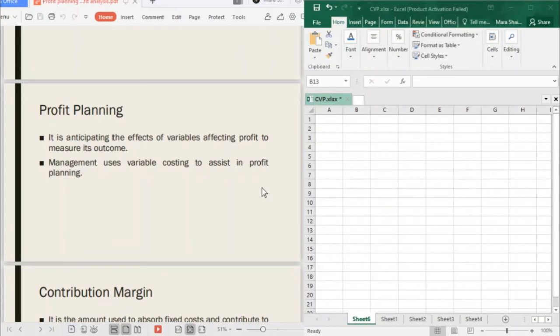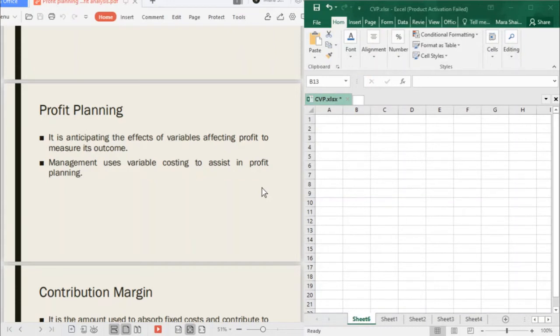Now, on the other hand, your total variable cost has a direct relationship with your production level or your level of sales. So, if there's an increase in your production level, there is also an increase in your total variable cost.